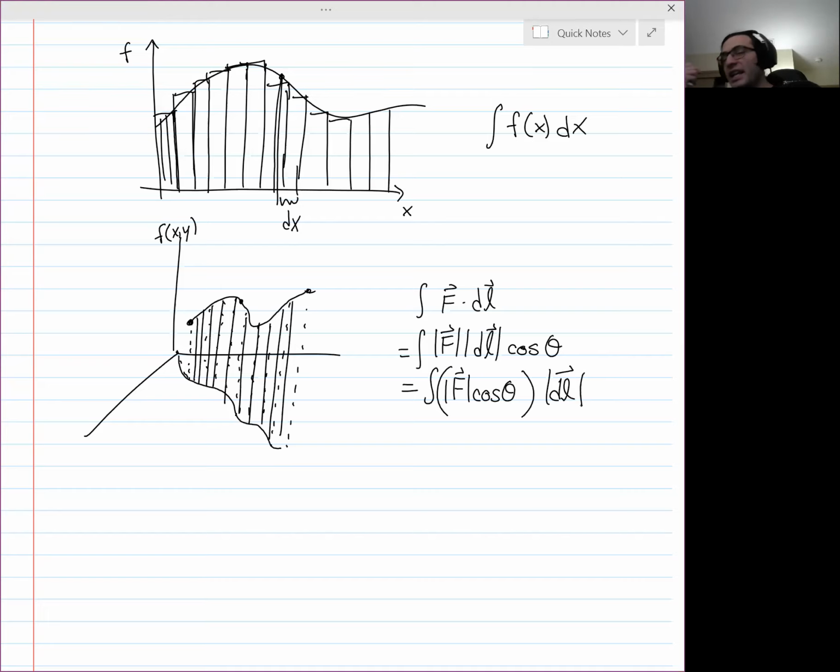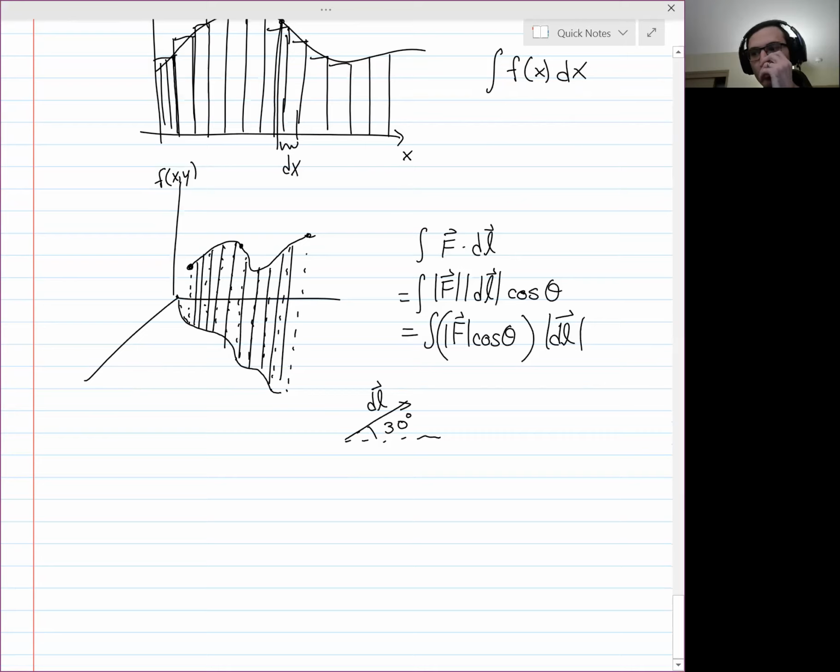So in our situation, the way we describe dl is we say, look, let's say dl is pointing at a 30-degree angle, right?